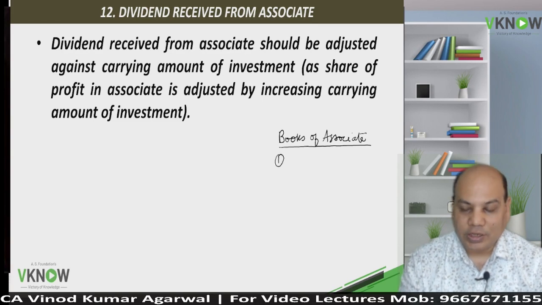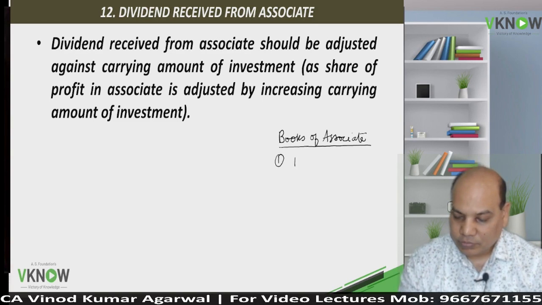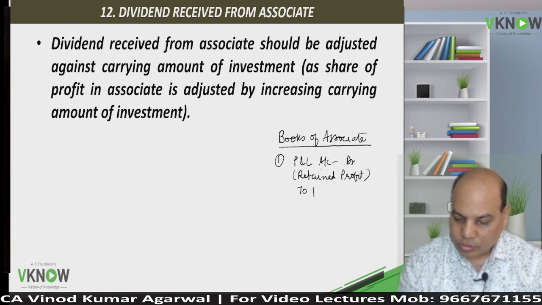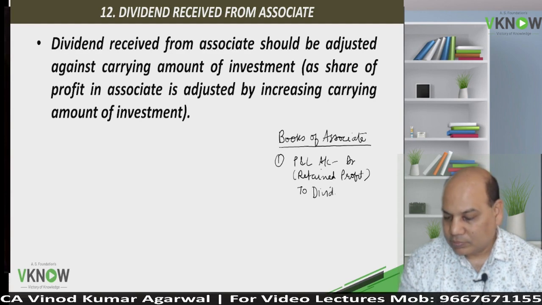When they declare the dividend, they pass the entry profit and loss account debit or retained profit account debit, whatever you call it. In the books of associate, for declaration of dividend, to dividend payable.